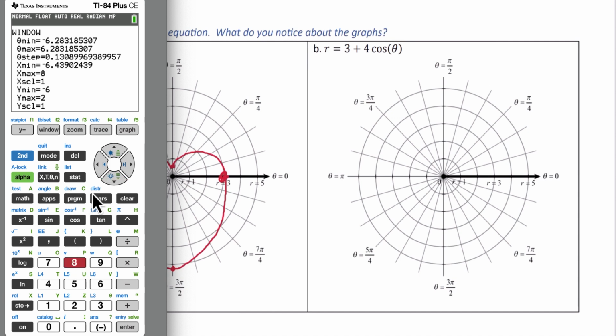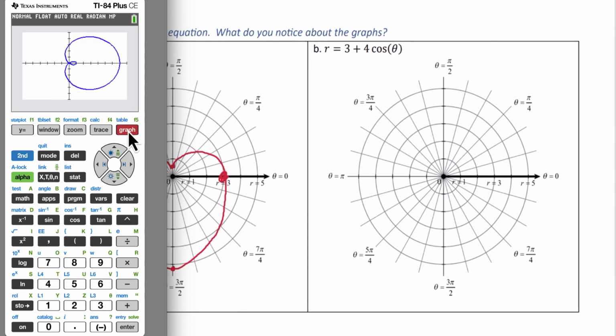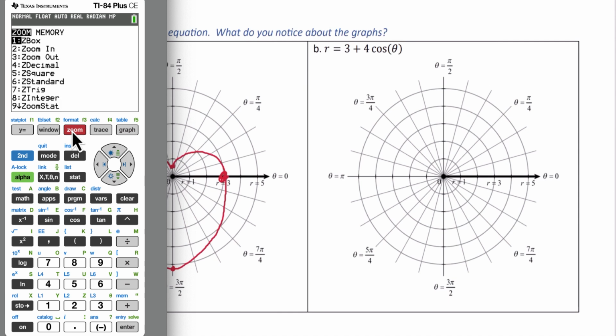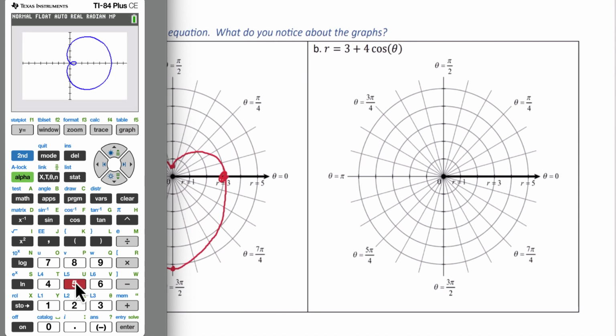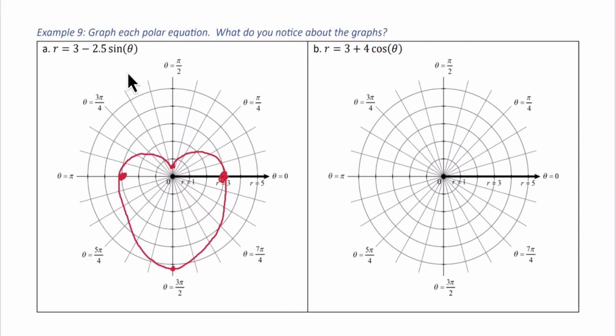And the y max, let's make that 5. Make sure we can see the entire graph. We can. And now again, let's do zoom 5. So square it. And we have the Limacon with an inner loop this time. Notice we have an inner loop because b is bigger than a, whereas over here, b was smaller than a.